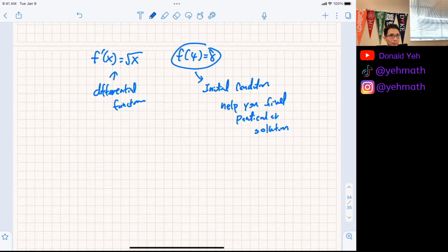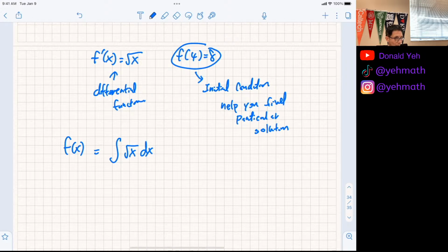What do you have to do in order to get the original function from f prime of x? Integral, good. So let's integrate this, and when you integrate this, it's going to give you f of x.